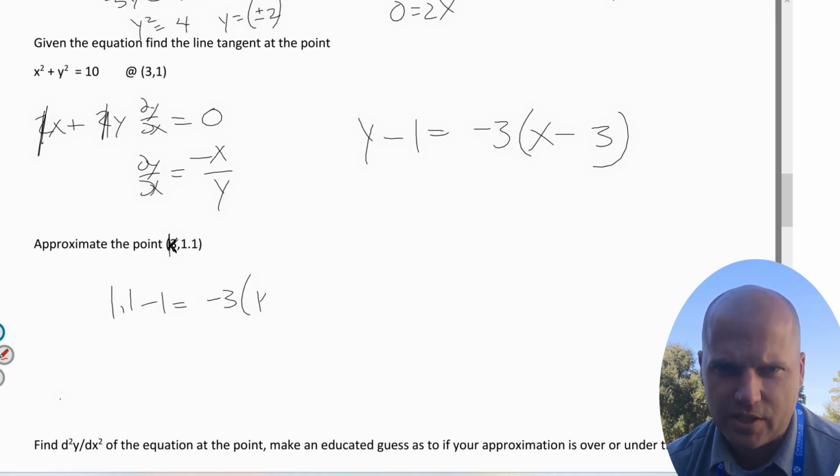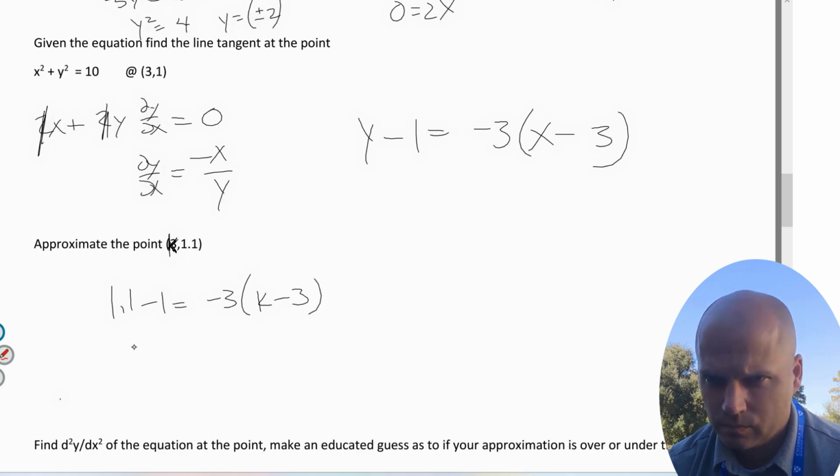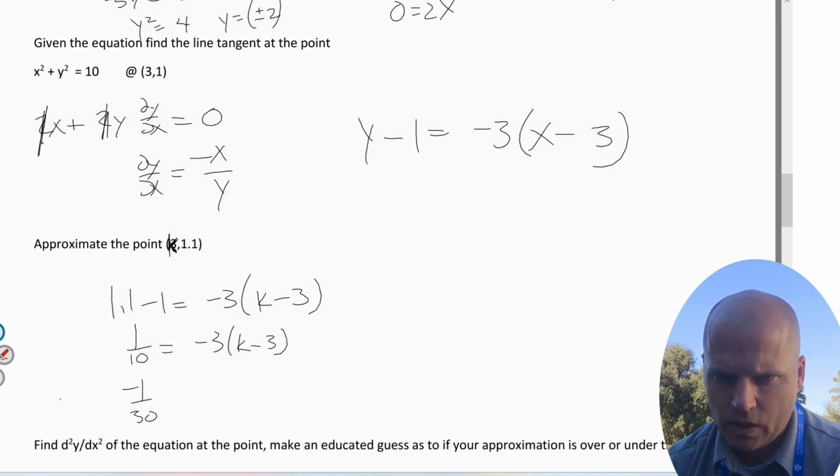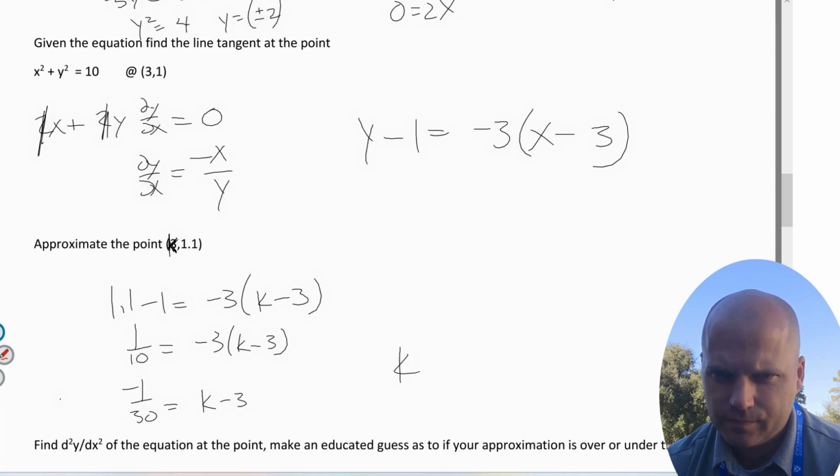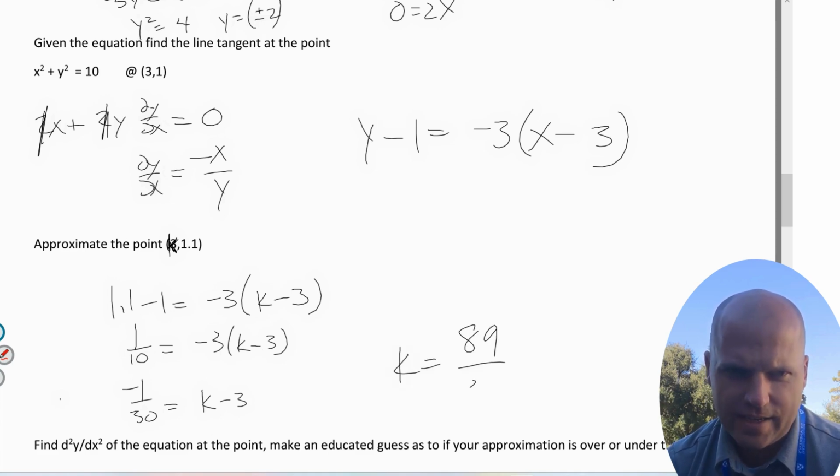Sorry if that didn't make sense to you. 1/10. Divide by negative 3, multiply by a third. It's 90. So it's 89/90ths.